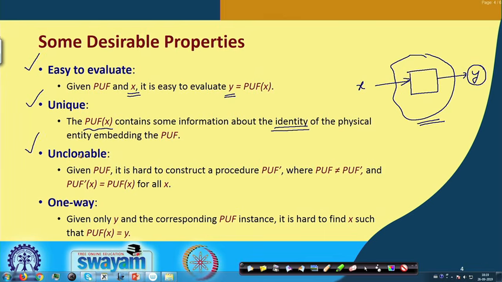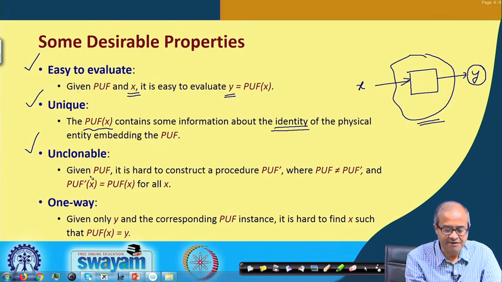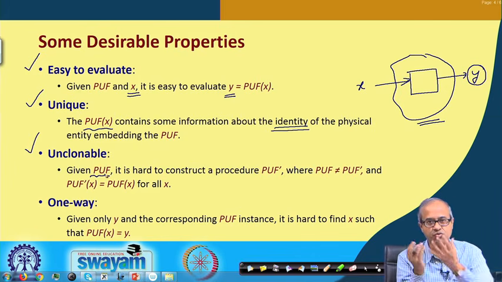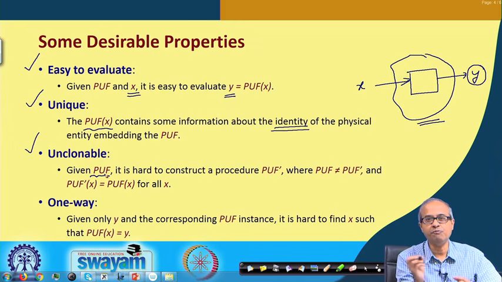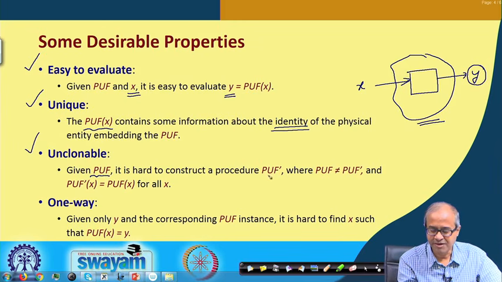In the previous slide we already mentioned there is a concept of unclonable. Given one PUF implementation, that means one chip, I have a PUF inside. If I have another copy of the same chip, there is also the same kind of a PUF, but the two PUFs will never be identical. One PUF, let us call it PUF, the other, let us call it PUF dash.